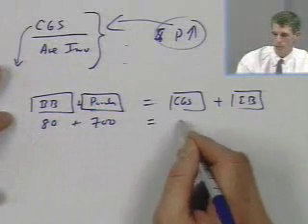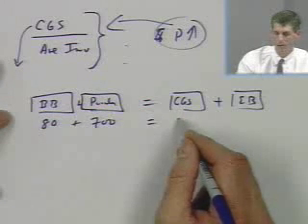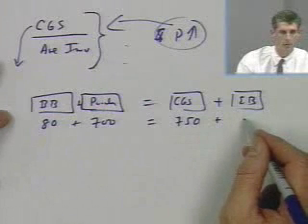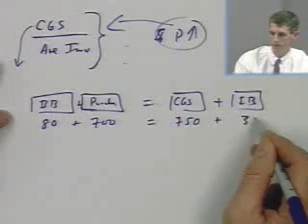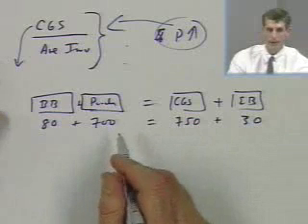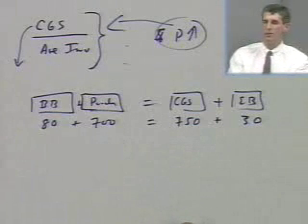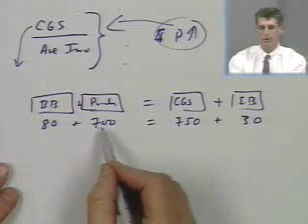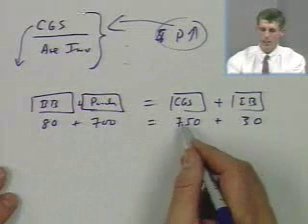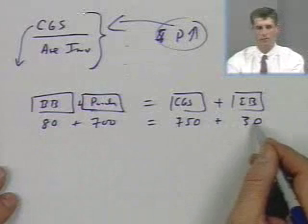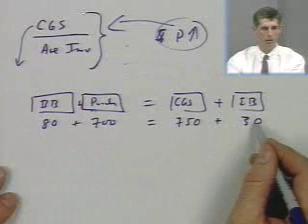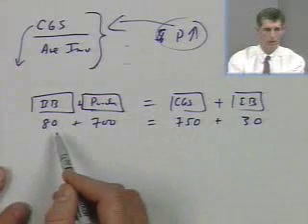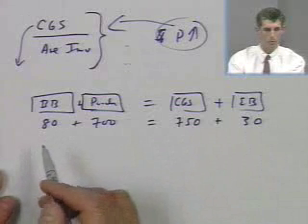What was sold during the period? 750. And therefore, what is in ending balance? 30. So before you can think about the value of anything, you have to make sure you know how many units you started with, how many you purchased, how many actually went out the door, and therefore how many are left over at the end. Before we think about the value, we first get the units right. Questions?